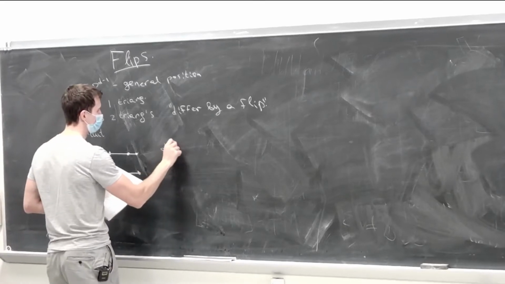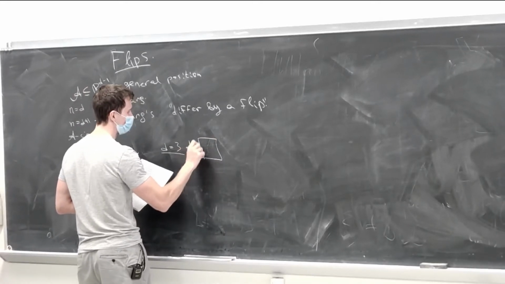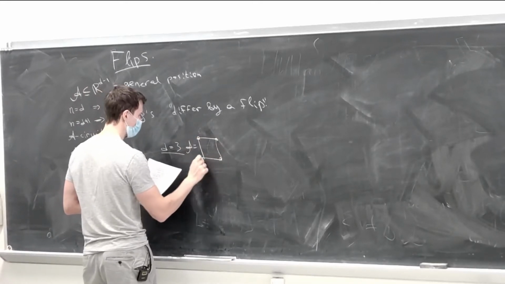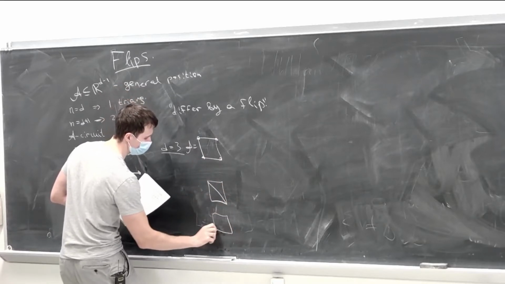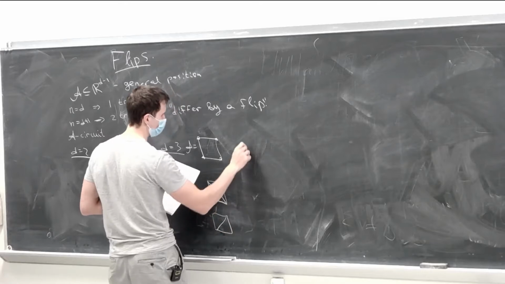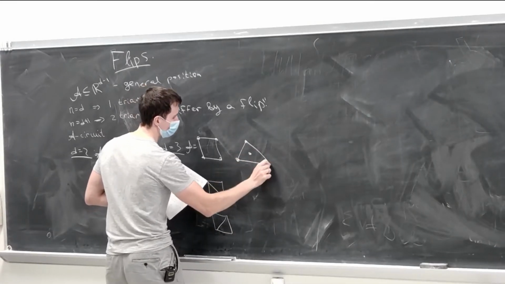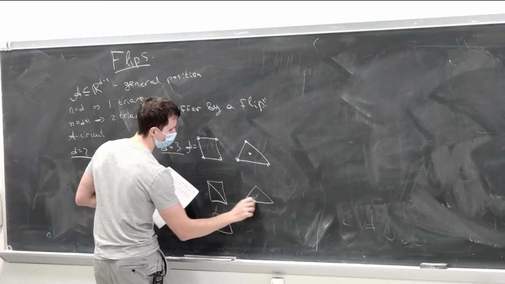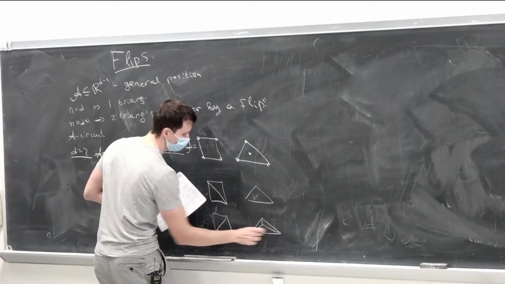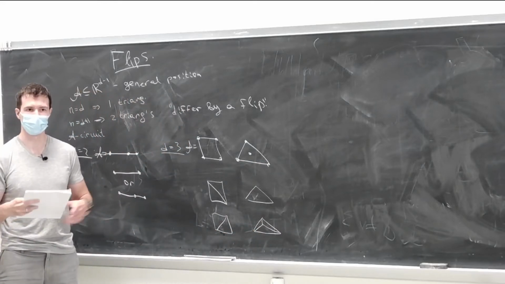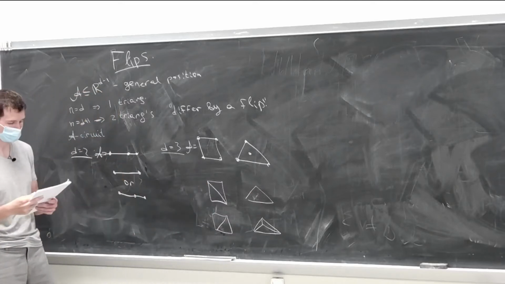Then if d equals 3, A could look like a square, in which case the two triangulations look like this and this, or A could look like a triangle with a point inside, and the two triangulations would be either just the triangle or a triangle subdivided into three triangles which together form the bigger triangle. So these are all examples of flips.